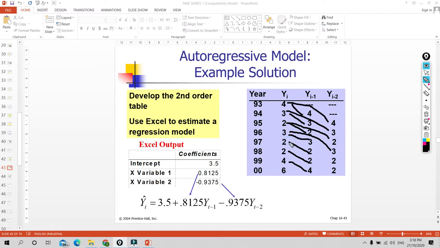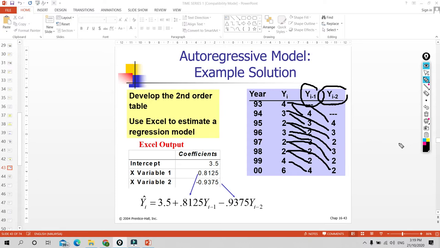Now these are the first order, and this one is the second order.